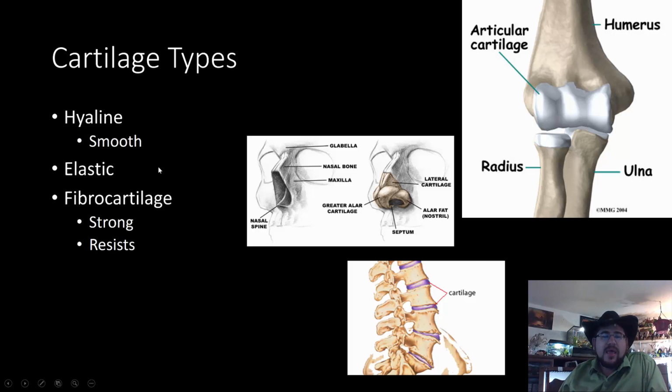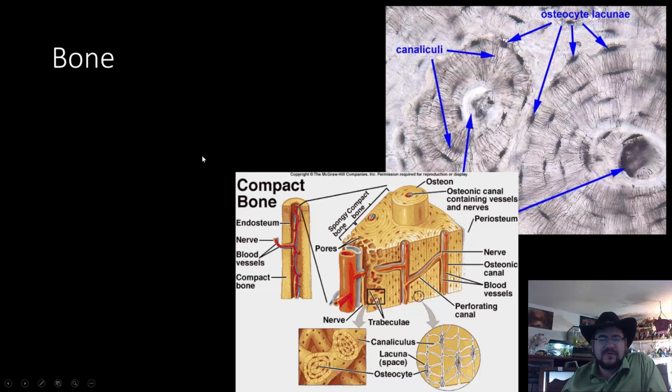Anyway, that is fibrocartilage. So you'll need to know an example of where you can find each type of cartilage in the human body, in addition to the characteristics of each type of cartilage. All right, we're done with cartilage.